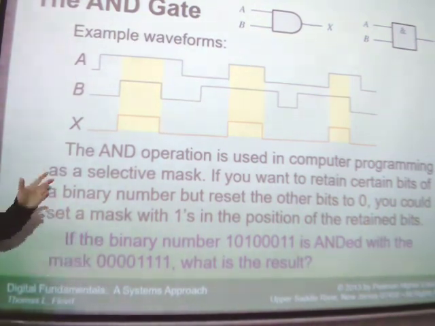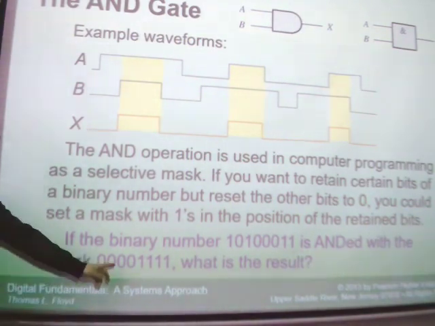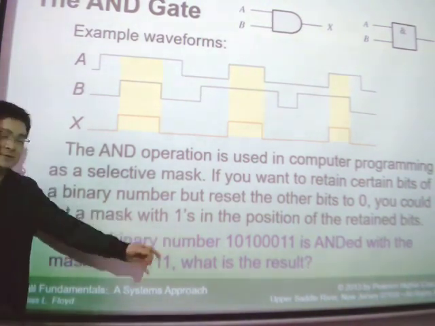0 and A equals 0, right? A and 0 equals 0, and A and 1 equals A. So what is the result?